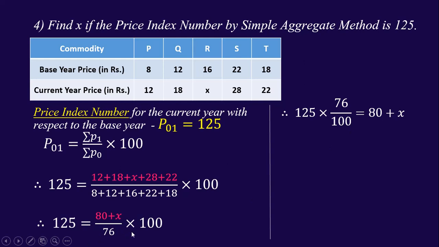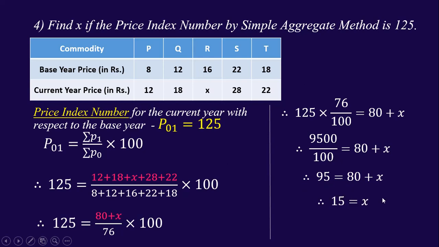Here we multiply by 76 and divide by 100. So 125 into 76 is 9500 upon 100 is equal to 80 plus x. Cancelling these two zeros, we get 95 is equal to 80 plus x. We transfer this 80 here, 95 minus 80, we get 15. So we get 15 is equal to x. So x is equal to 15.